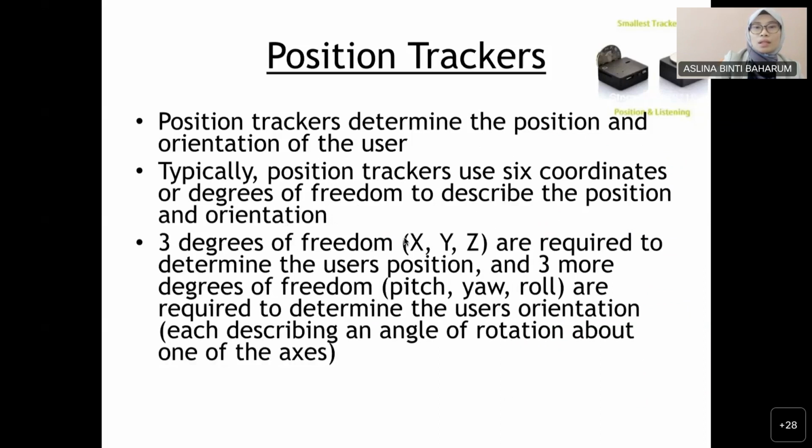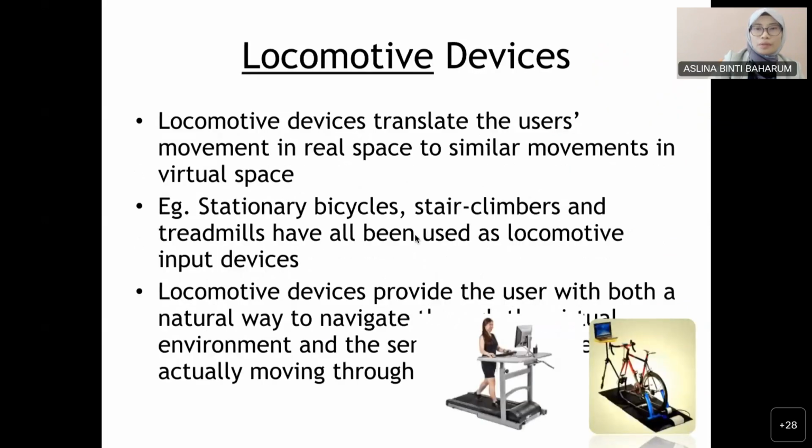This one is hardly used. Then locomotive, which I think most of you have seen: bicycle, stair climber, and also treadmill for exercise. You are doing indoor exercise, doing the action, but actually you are static there, right?